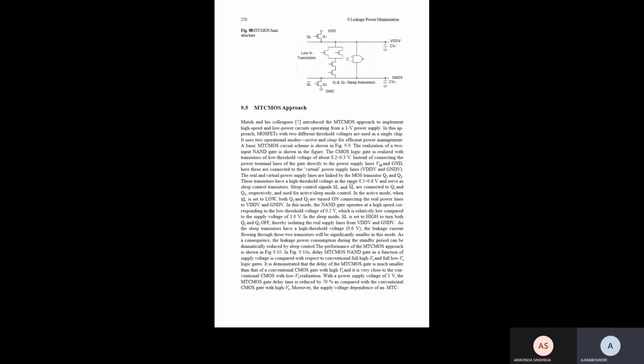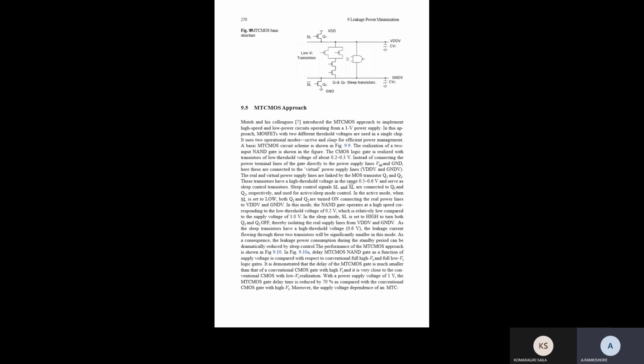So mainly in this MT-CMOS approach, whatever MOS devices we have, they are used with two different threshold voltages in a single chip. The design has to be done so that it operates with two different threshold voltages in a single chip.